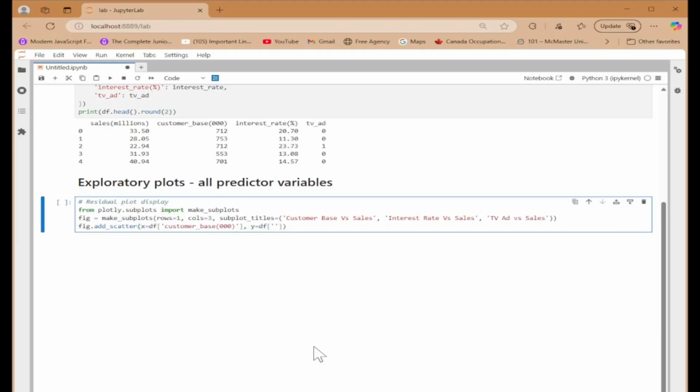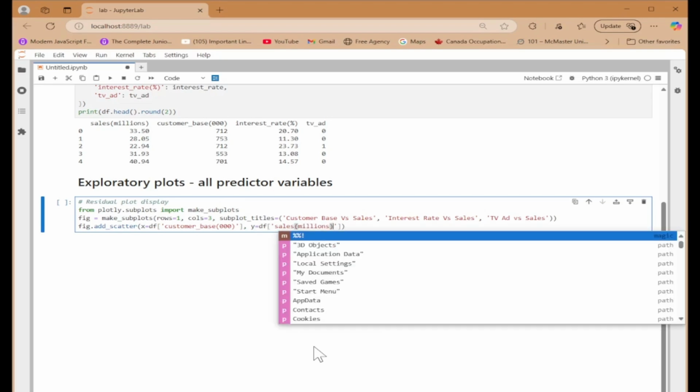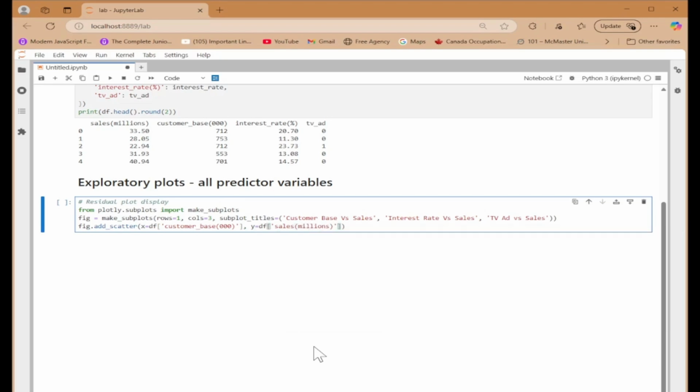Obviously the sales, sales in millions. So that is the first scatter, comma, mode equals markers, comma, name, let's give the name to the plot.